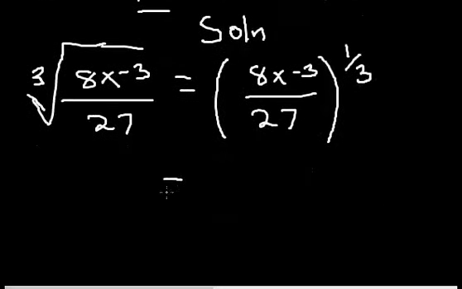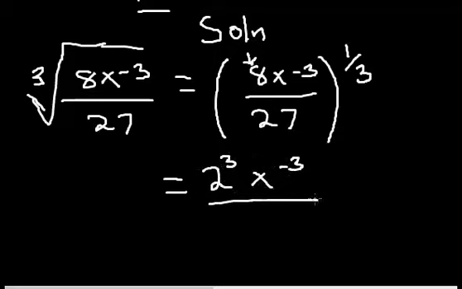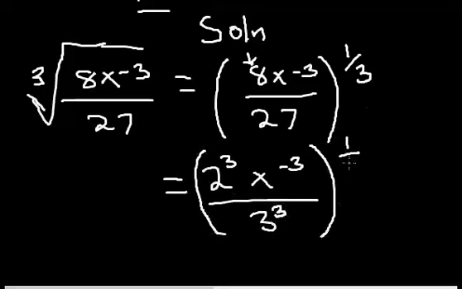So this is going to be equal to, remember I have to express the 8 as an index, and 8 is 2 raised to the power 3. Then x raised to the power minus 3 is already in index form. Then 27, you will have 3 raised to the power of 3. Then I have to close the bracket, and still write down my power outside the bracket.